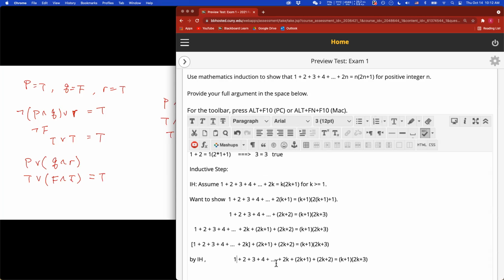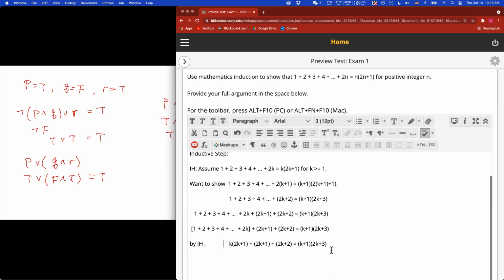This part is equal to k times 2k plus 1. This is from the inductive hypothesis: from 1 up to 2k is equal to k times 2k plus 1.